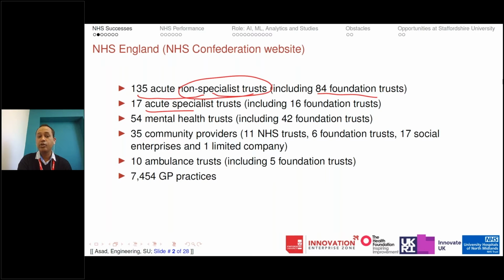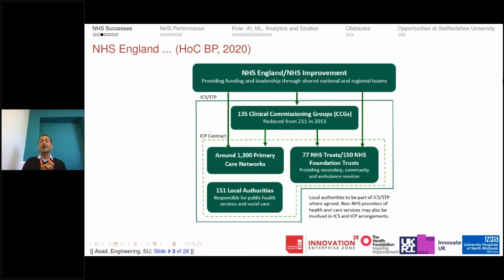We have 17 acute specialist trust, including 16 foundation trust, mental health trust, with 42 foundation trust, 35 community provider, 10 ambulance trust, and over 7,000 GP practices. Lots of things. So now if we try to look at how these trusts are organized, then this picture gives a nice sort of reflection how those clinical commissioning group and trusts are hierarchically structured.